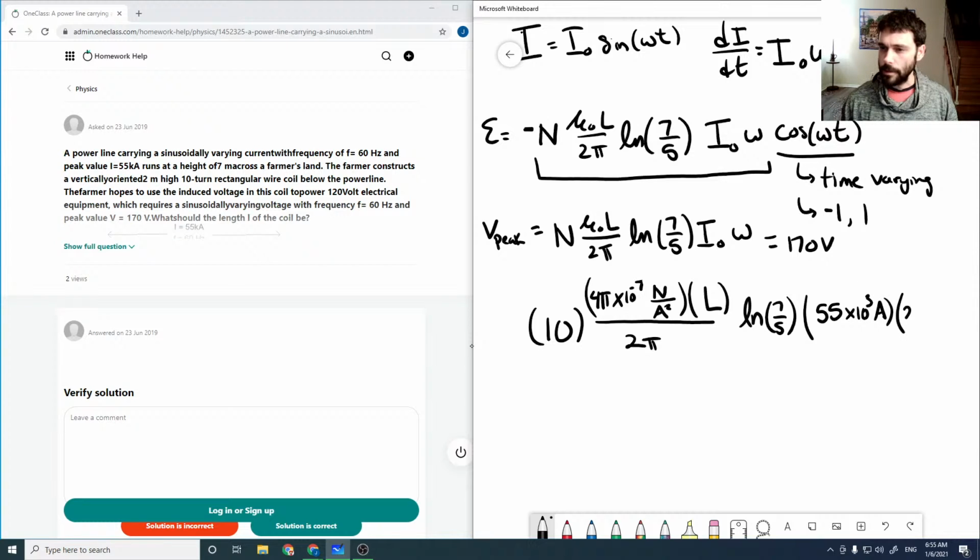And our omega is 2 pi times 60, 2 pi 60 per seconds. And now we can rearrange this for L. And so this all equals our 170 volts.